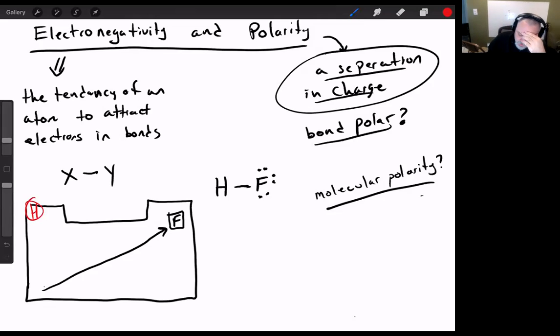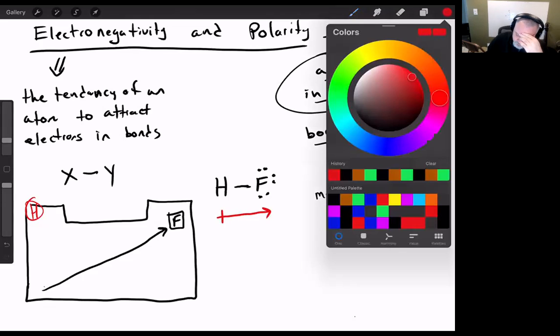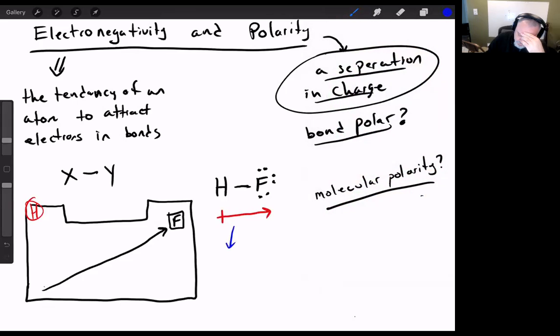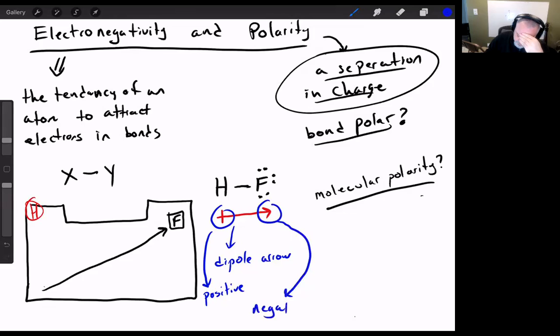So I can draw a dipole arrow. This is a dipole arrow. This side is positive. This side is negative. So is the bond polar?